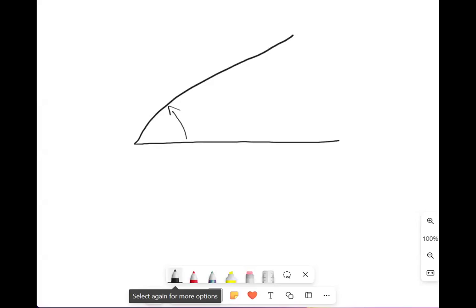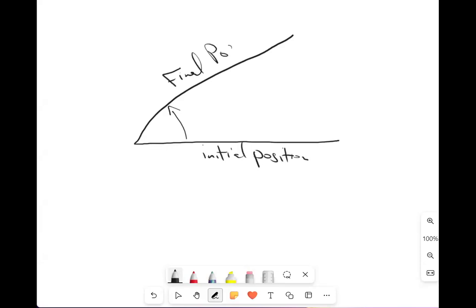Sorry about that, that's supposed to be a line. So the line's initial position is here, and this line is rotated, and this is the final position. Then an angle is formed here.